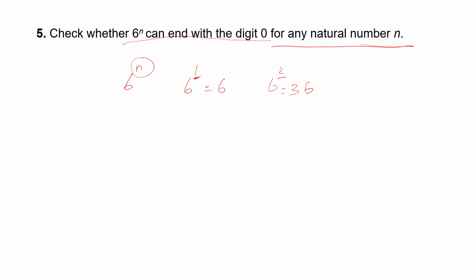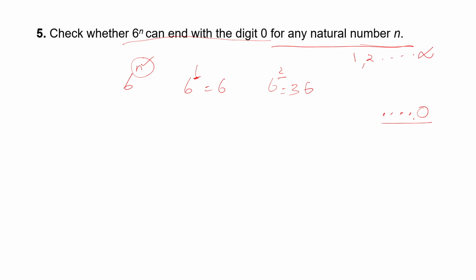Natural numbers start from 1 to infinity. You can put any natural number over here, and we have to check whether we are getting any number which ends with 0. For that, you can't substitute each and everything and see up to infinity. Okay, so you can have a basic understanding.